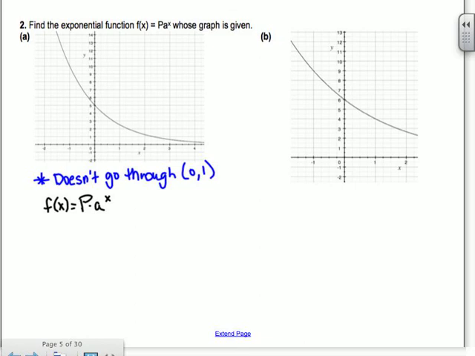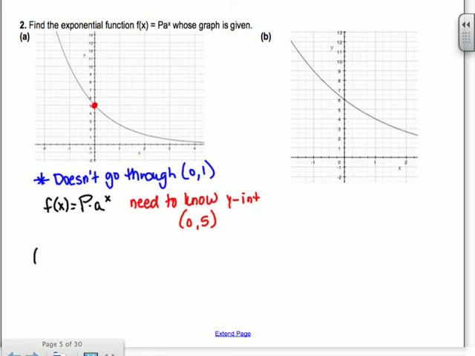Now, only the a is being raised to the x value. In the end, you're just multiplying by p. On these ones, we always want to know where it's crossing, so we need to know the y-intercept. In this case, we have the point 0, 5. So that's going to be the first point we deal with.